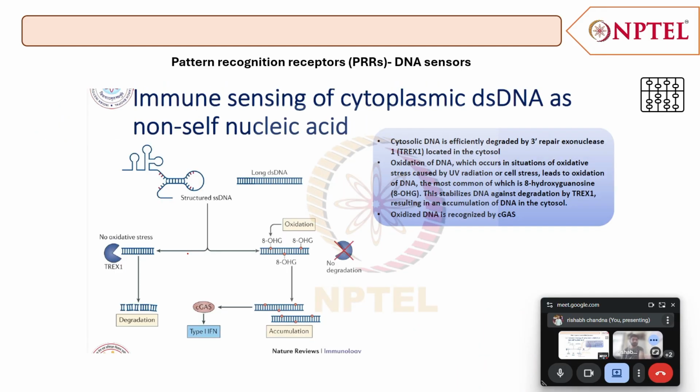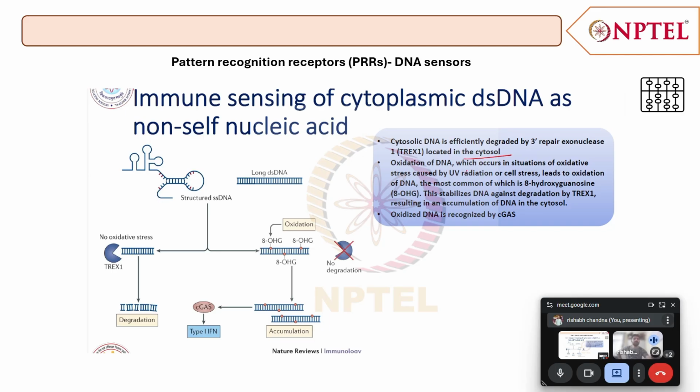In another example, we have the immune sensing of cytoplasmic or double-stranded DNA as non-self nucleic acid. The cytoplasmic DNA is efficiently degraded by the 3' repair exonuclease 1, TREX1, located in the cytosol.